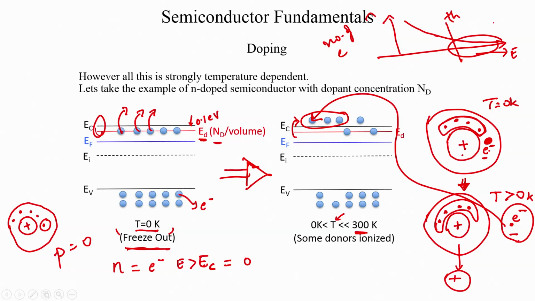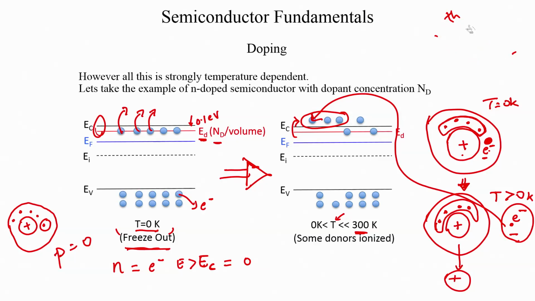So, you still do have some donors that are not ionized, because those electrons did not statistically collect enough energy to cross this 0.1 electron volt barrier, and therefore, you do have some of the donor atoms still in this condition with the electron still bound to the donor, whereas many of the donor atoms are now ionized.